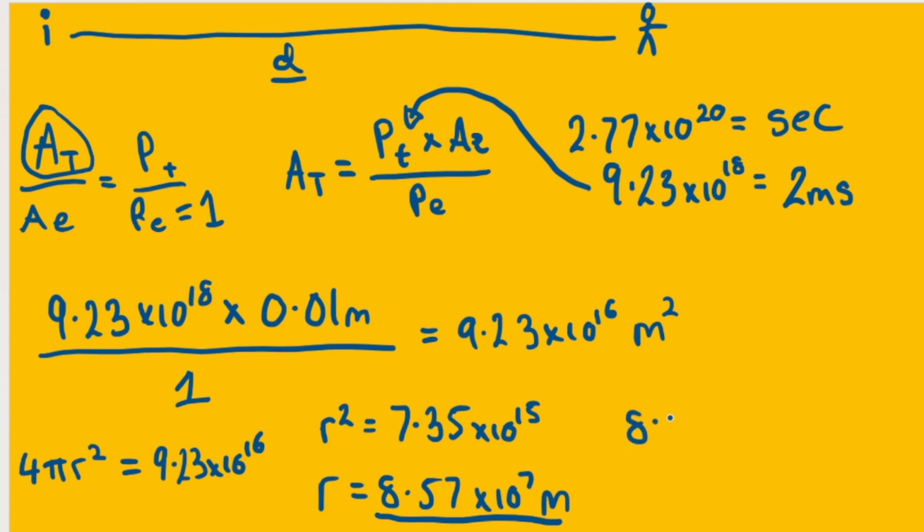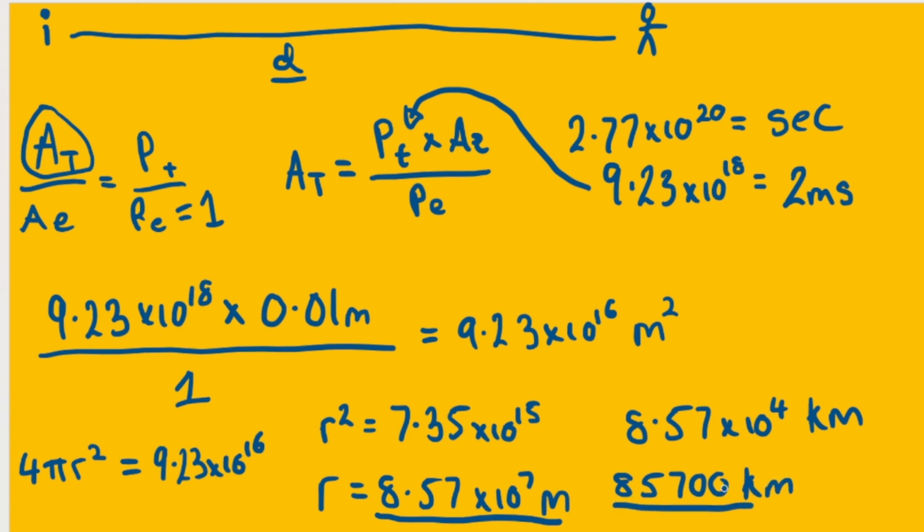So that would be 8.57 times 10 to the 4 kilometers, which would be, if we go here, 1, 2, 3, 4, so 8, 5, 7, put 2 zeros on because we had the point there, we go 1, 2, 3, 4 kilometers. So that's 85,700 kilometers away. That's a long way, isn't it?